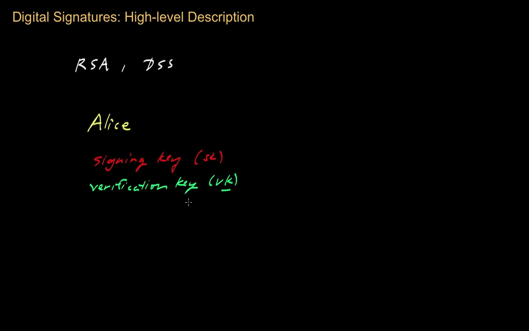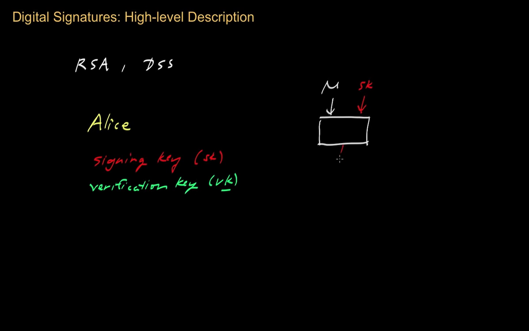Now let's consider what a digital signature on a message will entail. If you have a message, let's call this message M, and you wish to digitally sign that message, what you're going to do is apply a mathematical transformation. Alice is going to apply a mathematical transformation to the message M and her signing key SK.